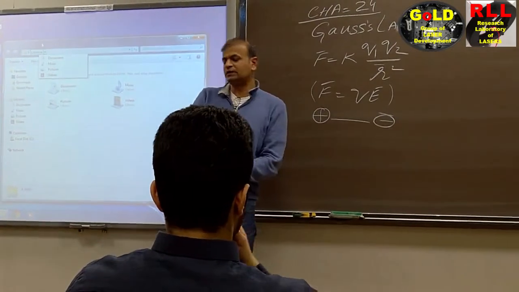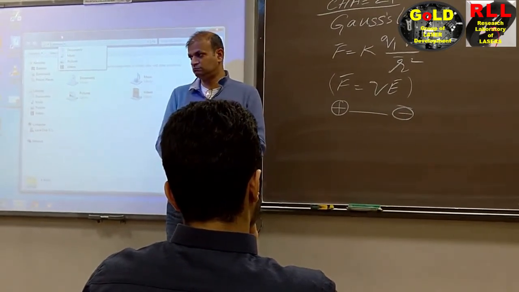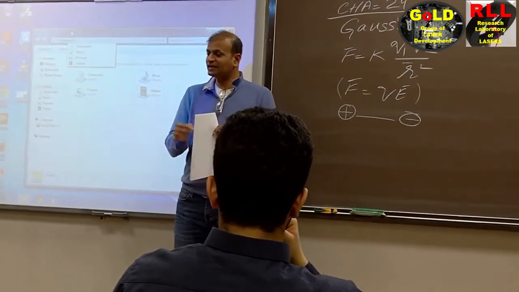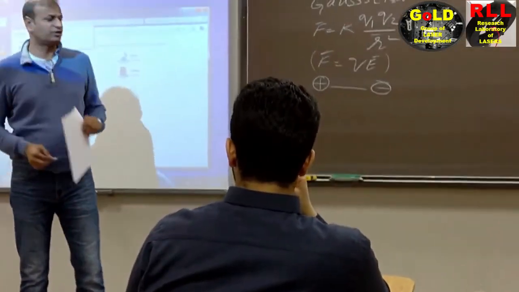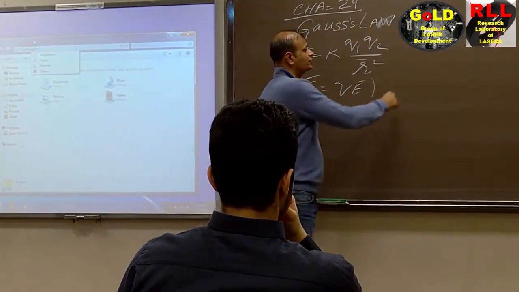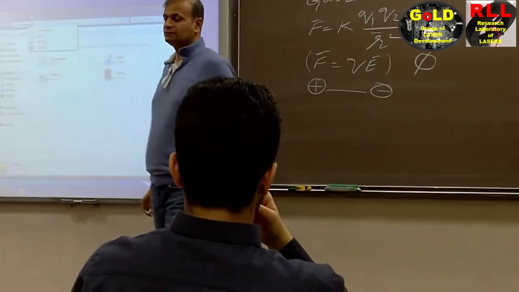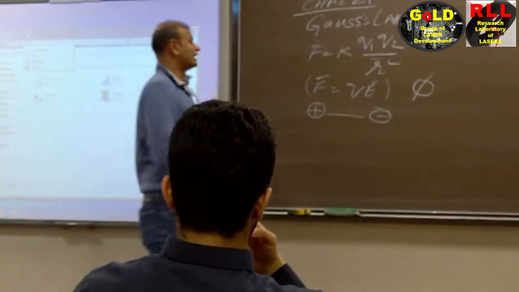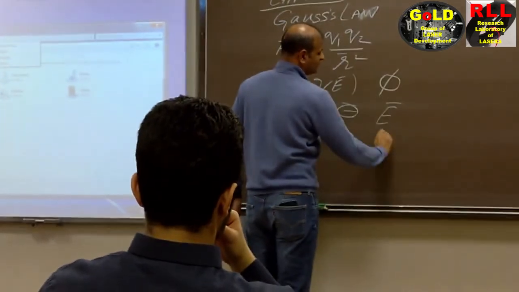If you have this paper, an electric field is passing through the area of any kind of surface. That is called flux, and it's denoted by phi.